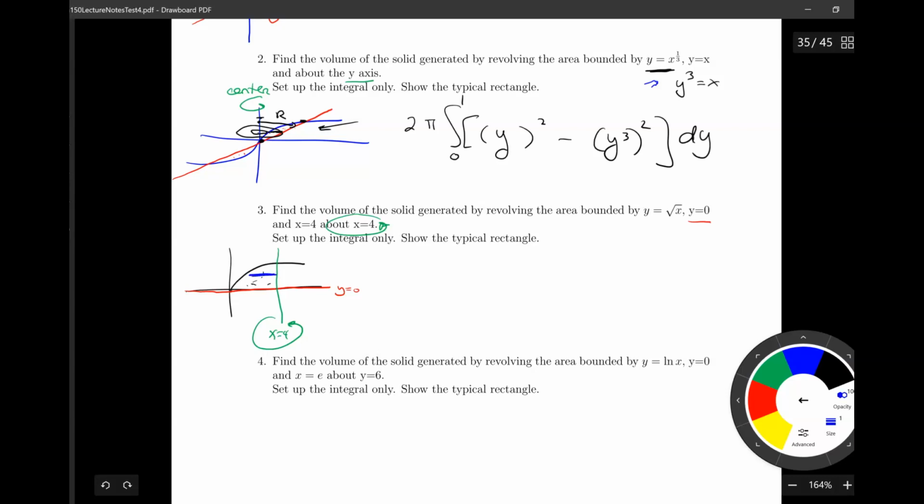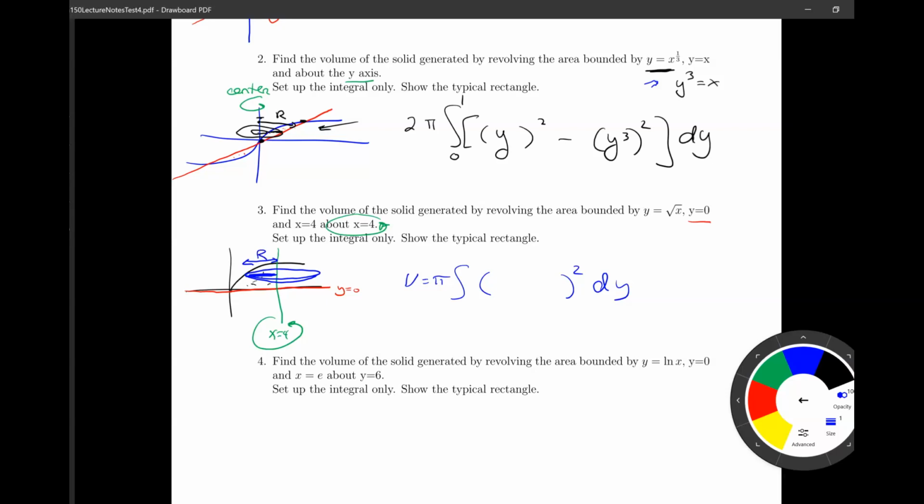As I spin it, I see that this rectangle makes a disk. As I spin it around, this is not a washer. So volume will equal pi radius squared dy integration. It is my job to figure out what this distance here is, because that's going to be my radius.